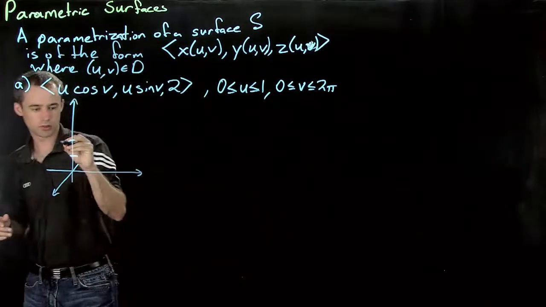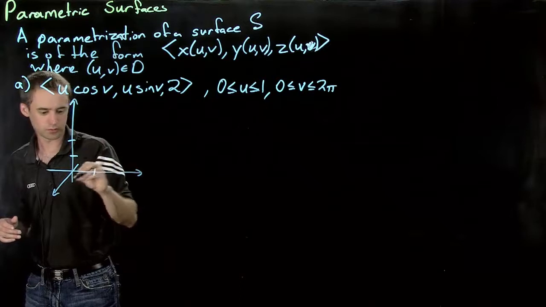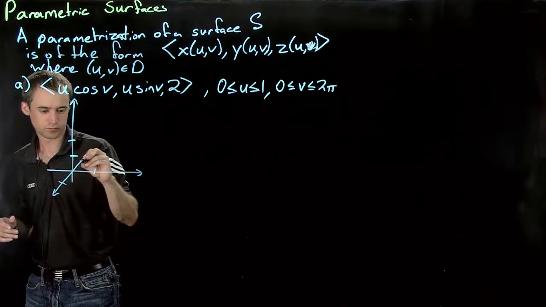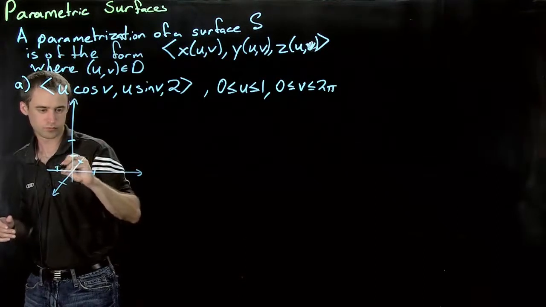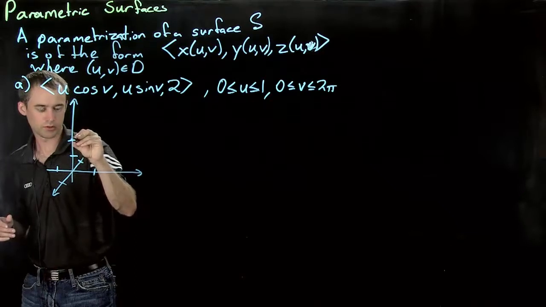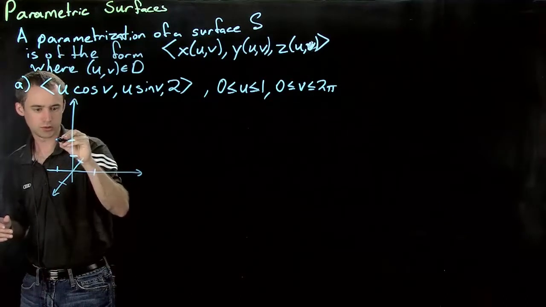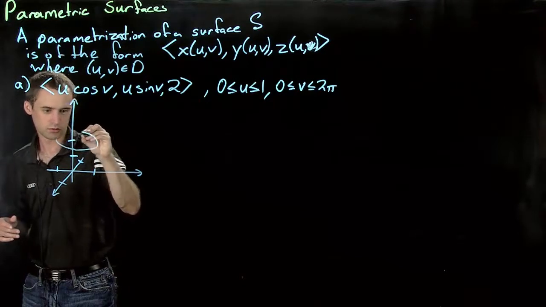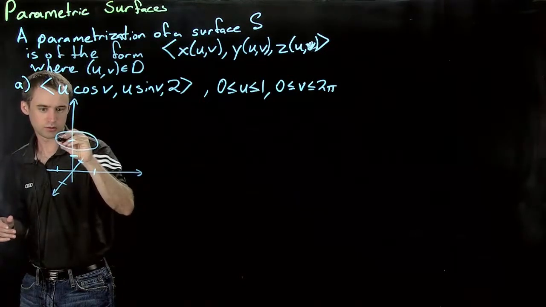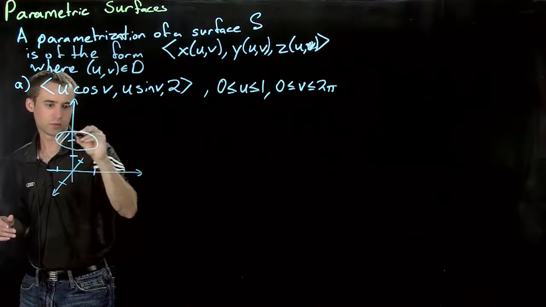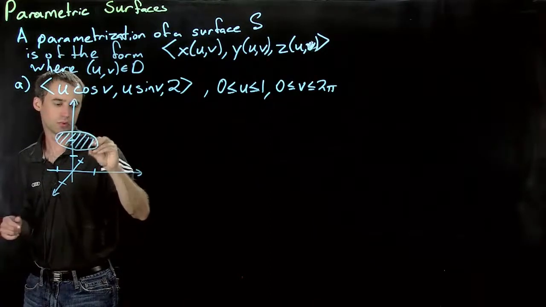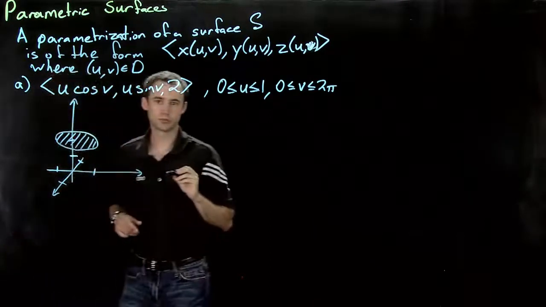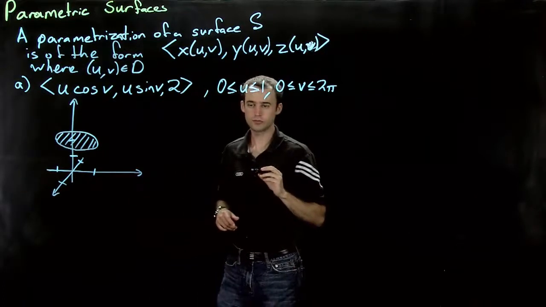So let's see if we can make a disk of radius 1. Remember, everything's at height 2. And this is a filled-in disk of radius 1 at height 2.